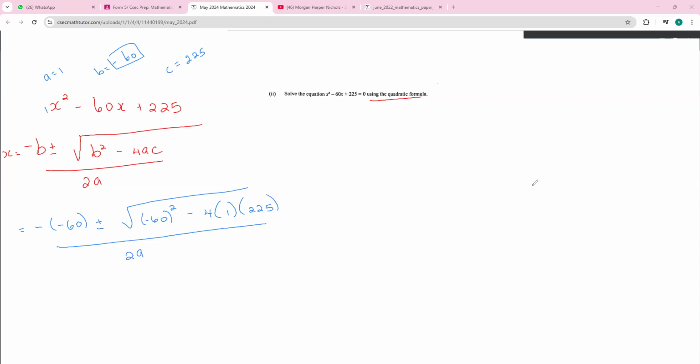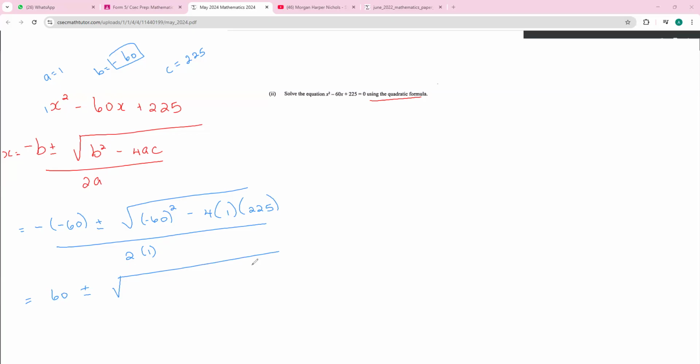And a is 1. So you simplify any brackets under the square root, right? So negative of negative, anytime you have two same signs back to back, it becomes positive. So that becomes positive 60. Use a calculator all the way.